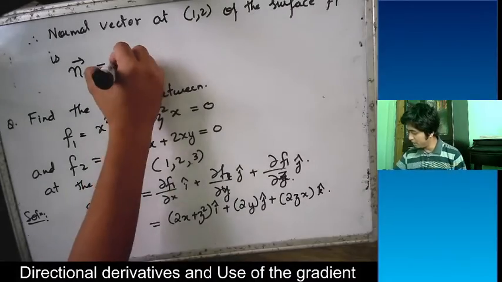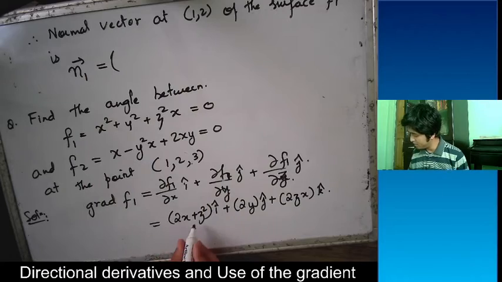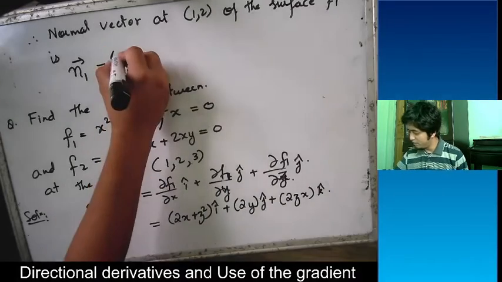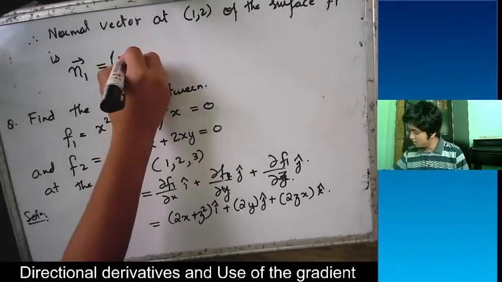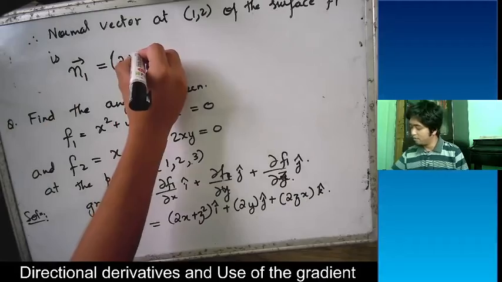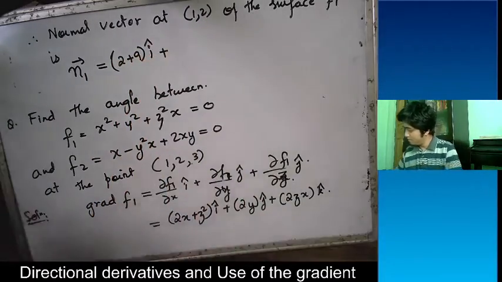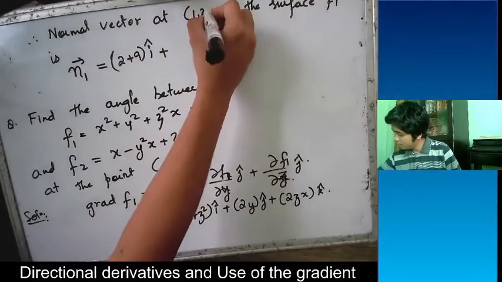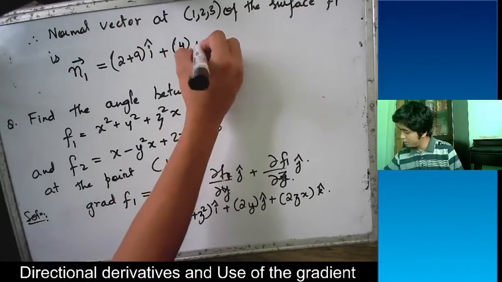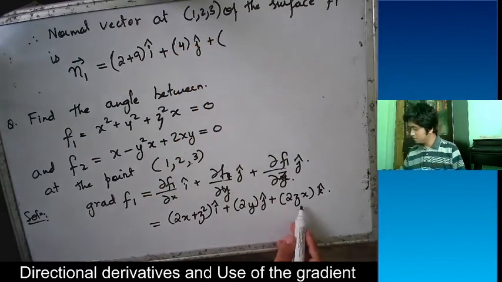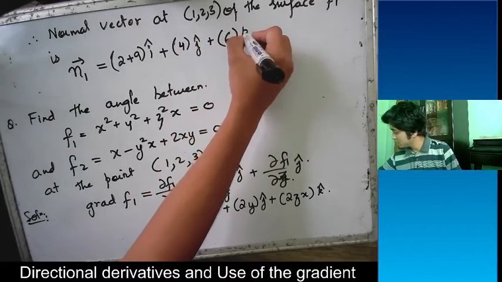Okay, so over here we will be having 2 plus 9 will give you 11 i. 2 plus 3 squared will give you 9. 2y will give you 4j, plus 2zk, 6k.